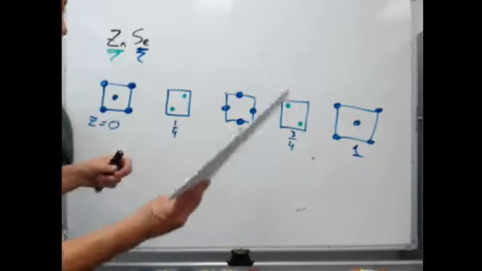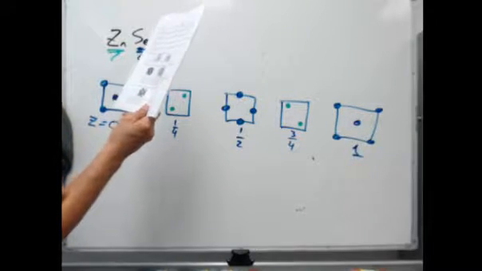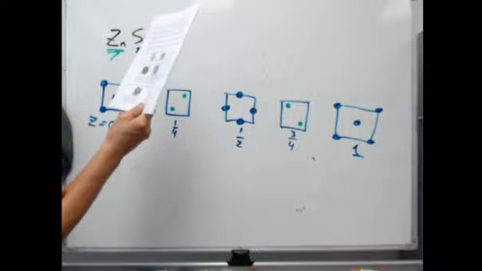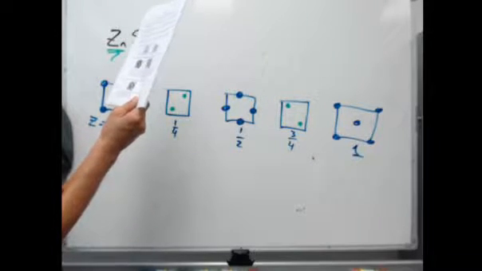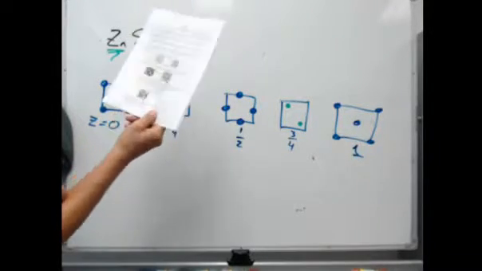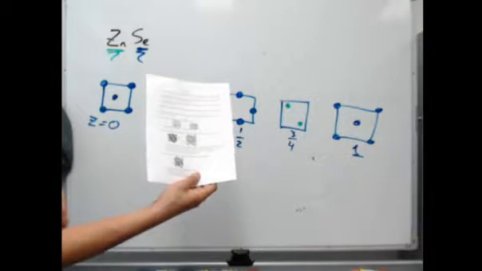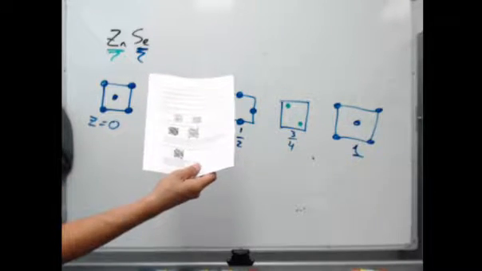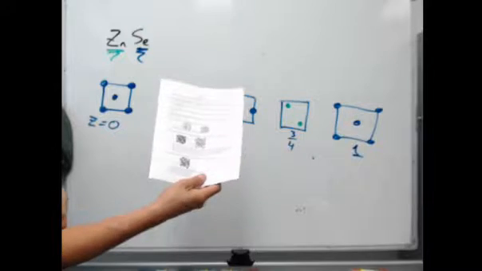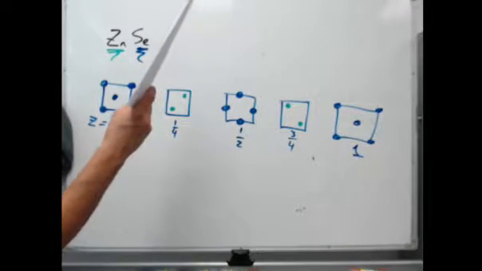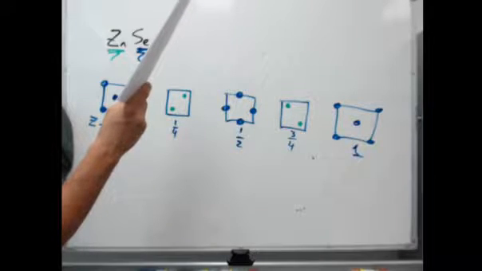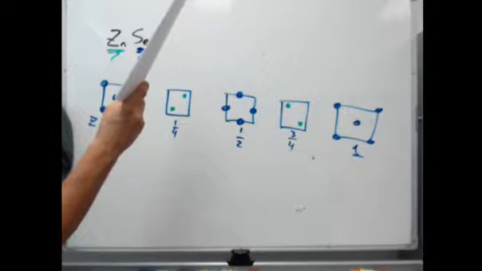Part of the problem with this particular picture is that this is not the space filling model, it's just the 3-dimensional cartoon to give us an idea. So I feel like this is not necessarily the best picture to try and determine this.